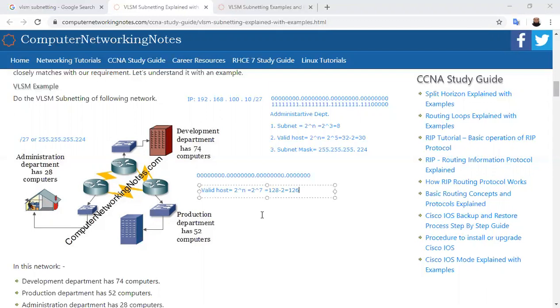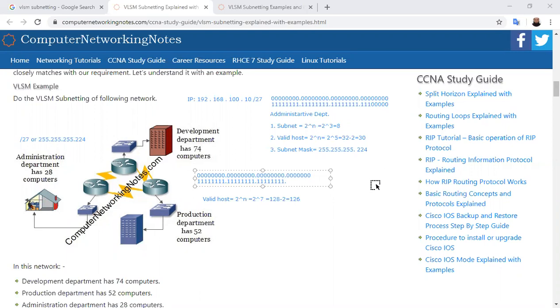Now, so actually, what is our subnet mask? You have to find this out. First we put 1 1 1 1 1 1 1 1 dot 1 1 dot 1 1.